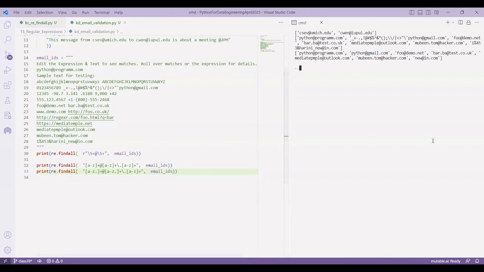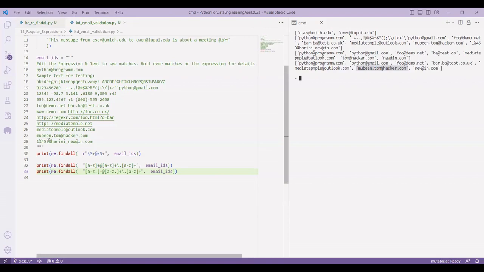So every time you see this, more patterns are coming. So mubin.tom came. Then a name like Harini underscore new at the rate of in.com means underscore is also a possibility. So I will do one more, maybe I'll comment these two. Here I will add an underscore also, because underscore is a possibility.